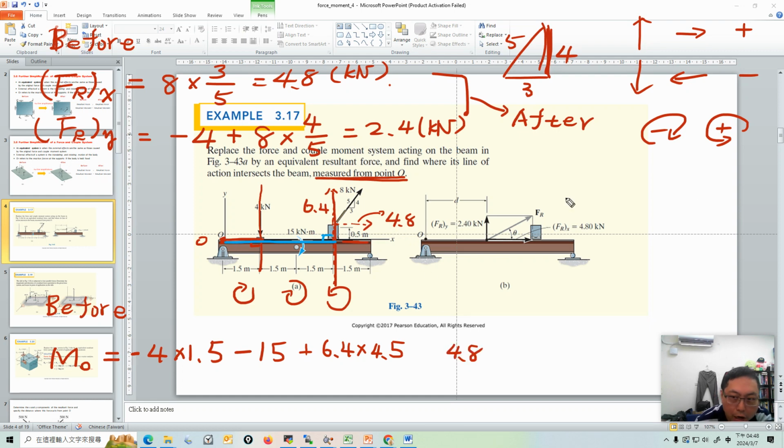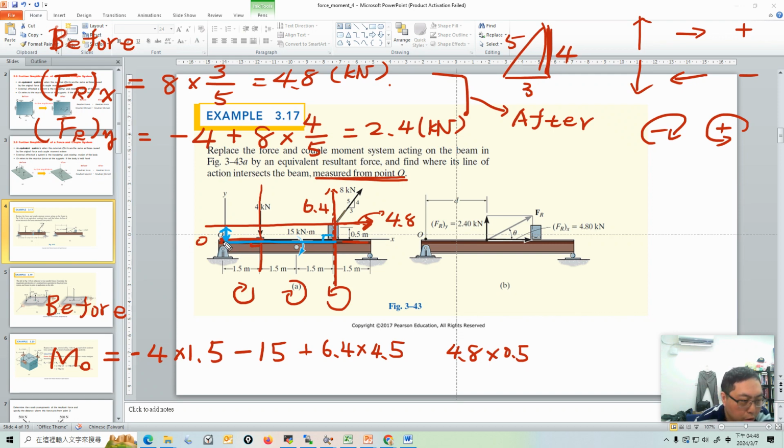And what is the lever arm? We draw a line of action here for this force, 4.8 kilonewton, and the reference point is here. This is your lever arm, and the lever arm is 0.5 meter. Next is clockwise or counterclockwise.